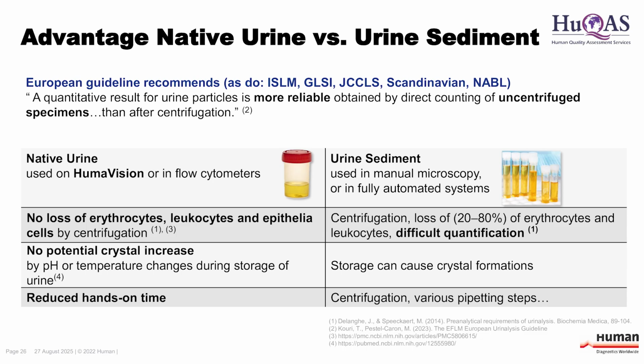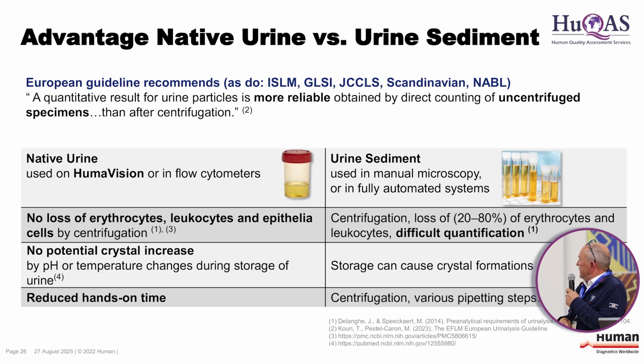Native urine. This is really a big topic, and all guidelines, whether European, American, Japanese, Scandinavian, or Indian, recommend that you should use native urine because of the problems I mentioned, that you lose cells during the centrifugation steps.